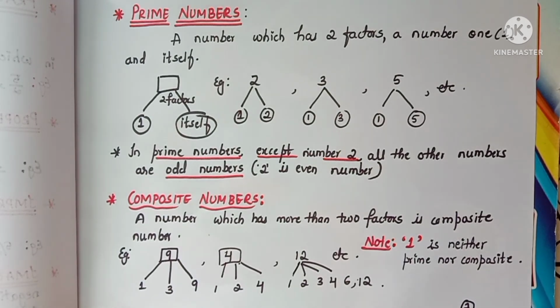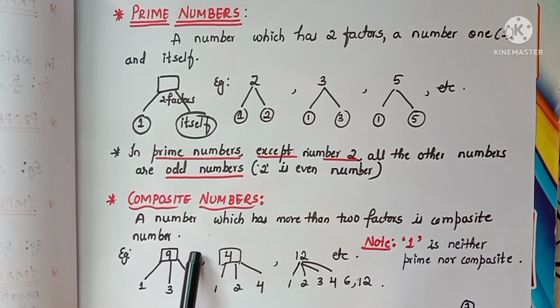Okay. For example, if you take the number 9, its factors are what? 1, 3 and 9. Is it more than 2? Yes, the factors are more than 2. Therefore, it is what? Composite number. Let us take 4.